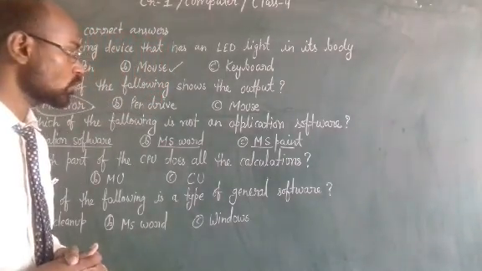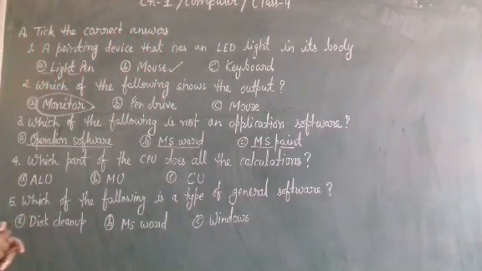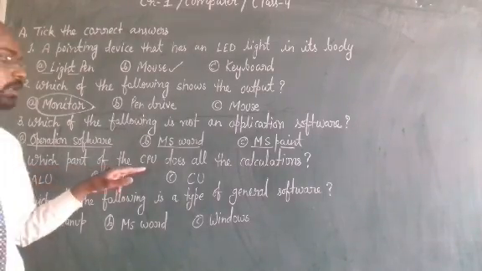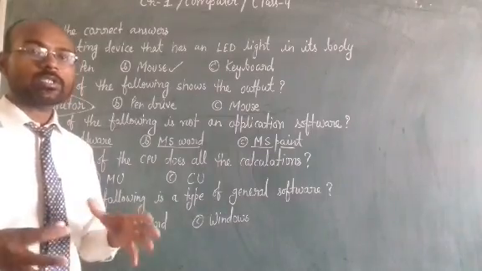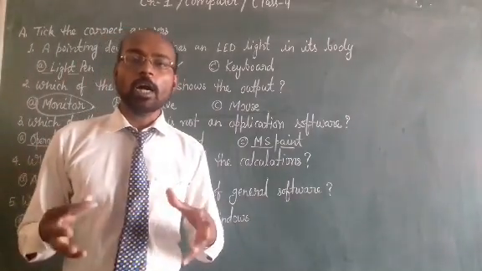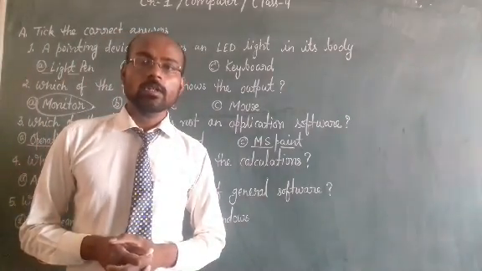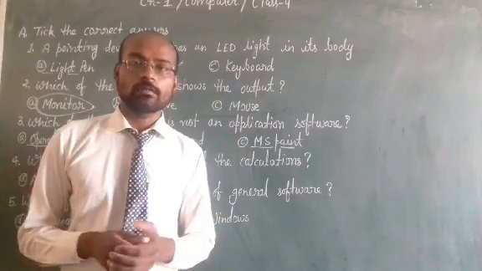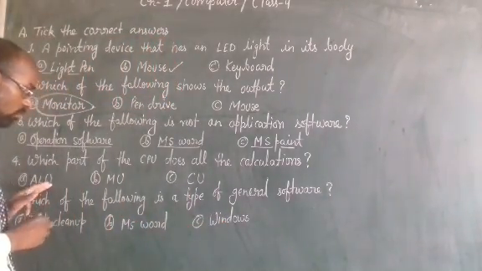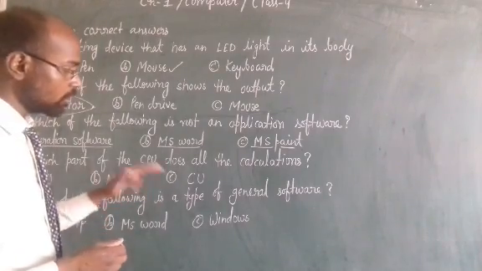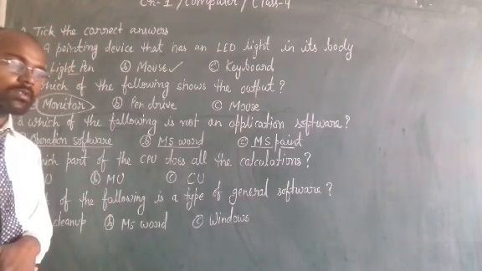Now come to the next question. Next question is which part of the CPU does all the calculation? The question is asking which part of the CPU does all the calculation. Options are ALU, MU, and CU.